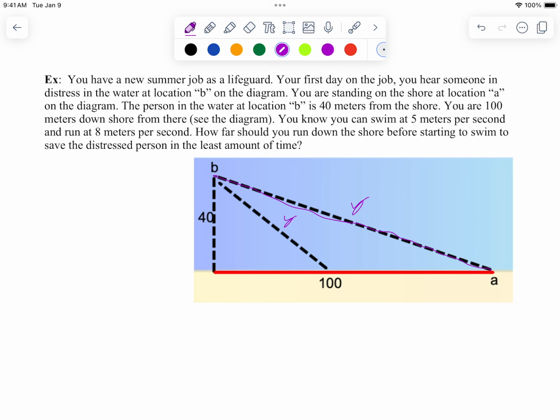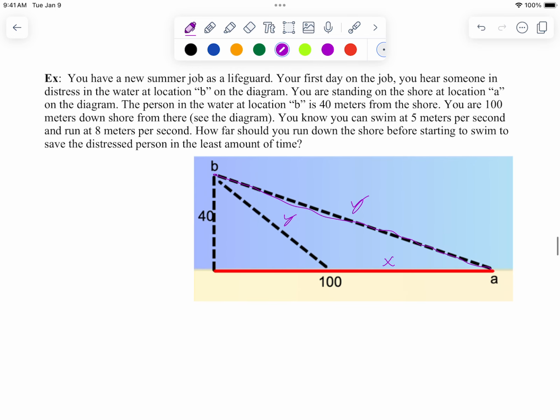So now in terms of labeling things, I'm also going to call this distance x. So x is the distance that I'm going to run. Therefore, this is 100 minus x. So the least amount that I could run is 0 because, as we talked about a few seconds ago, I could just swim the whole way. The most that I would run would be 100 because I could run the entire way down the beach, right?